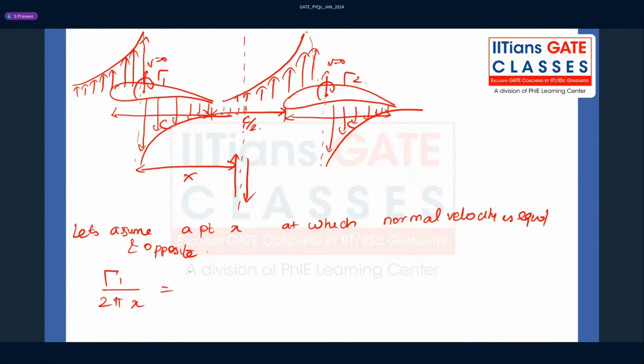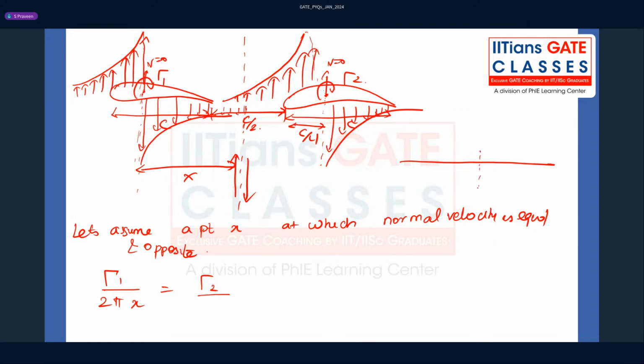This is equal to what? Gamma 2 by, say, if the whole distance is, so we are measuring it from this quarter chord, right? So this is placed at c by 4, right? C by 4, and you have a c by 2 and you have a 3c by 4. Okay, so let me just draw it in a line.